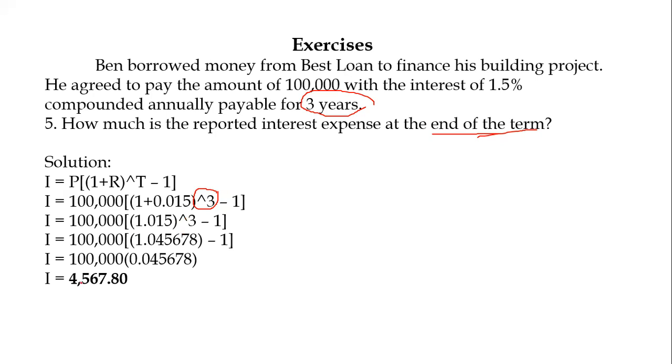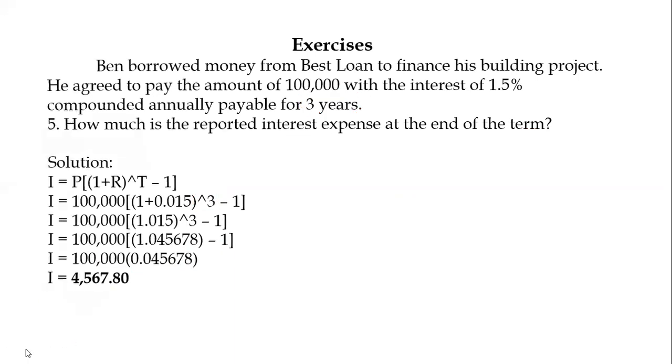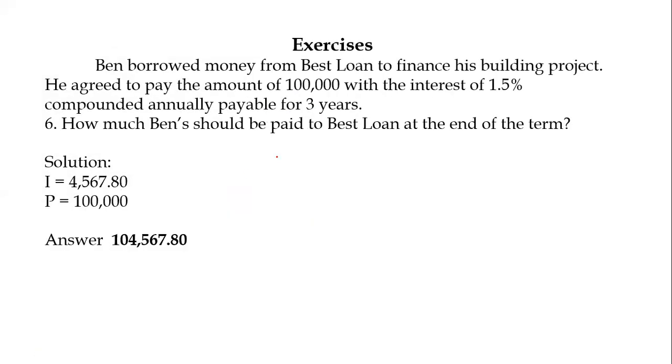So the answer is 1.045678. All right? And then less 1, so the answer becomes 0.045678, times 100,000. So the total interest at the end of the term is 4,567.80. Right? So number 6. How much will Ben pay at the end of the term?